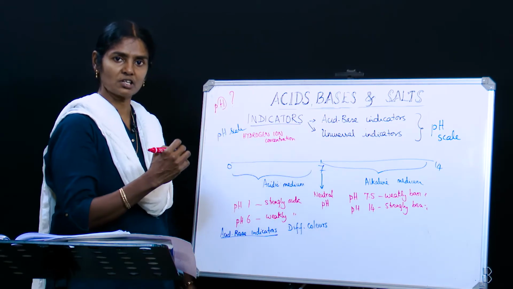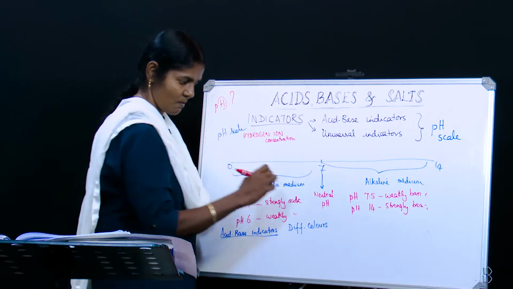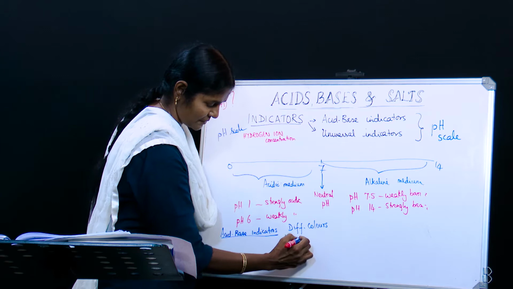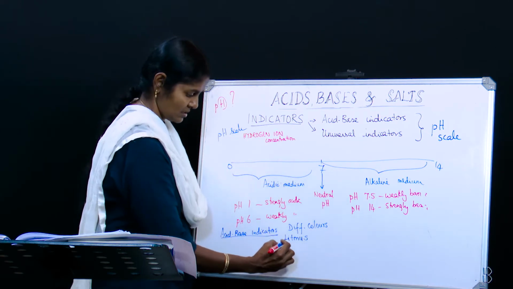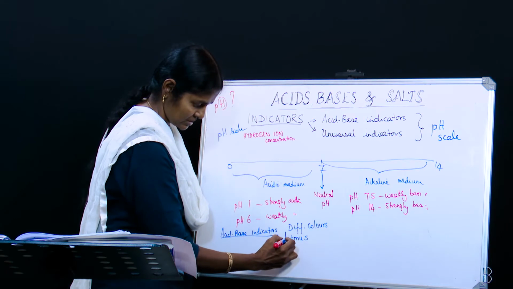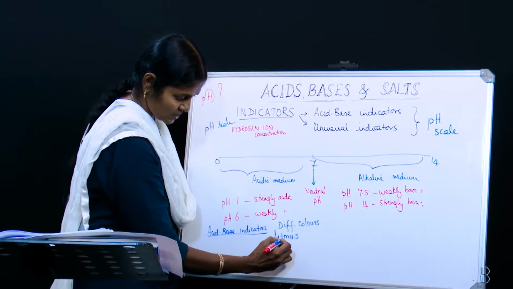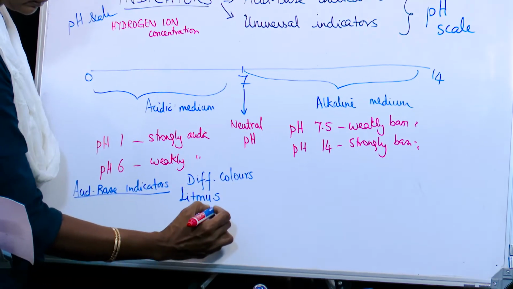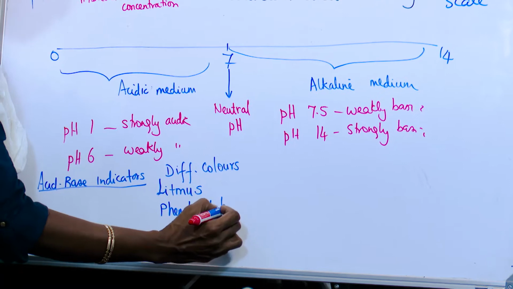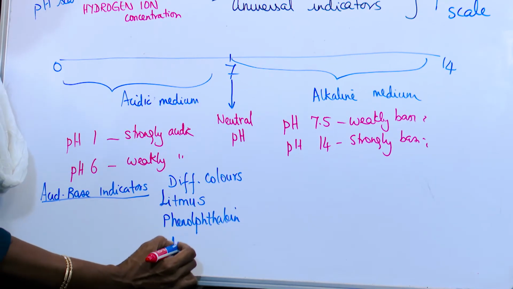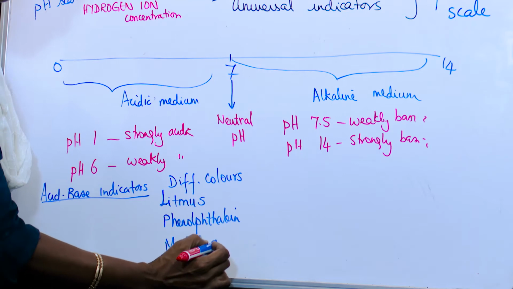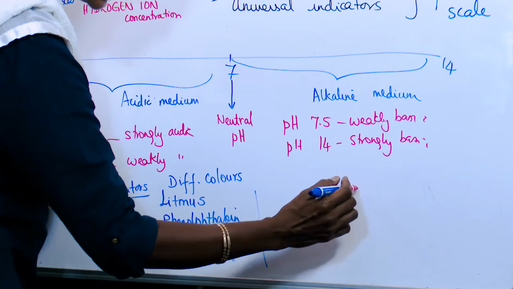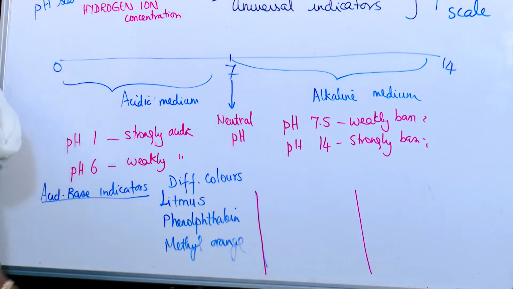Based on that you find out whether it is acid or base, and there are three indicators that we usually see. The first one is litmus, which we saw earlier in the previous videos. Then we have phenolphthalein. This also shows different colors. Then we have methyl orange. These are the three things that show different colors in acid and basic medium.